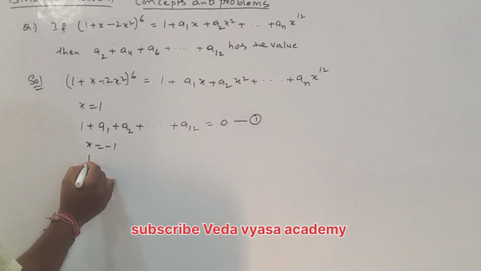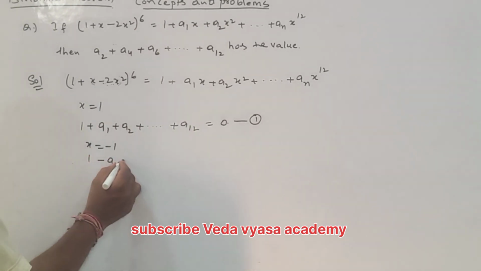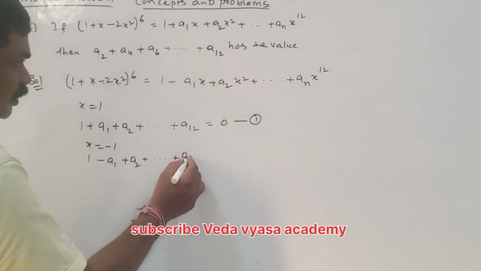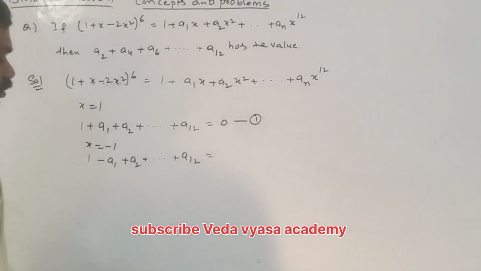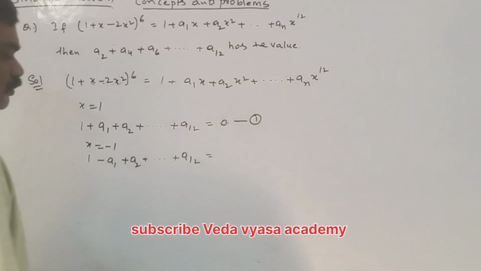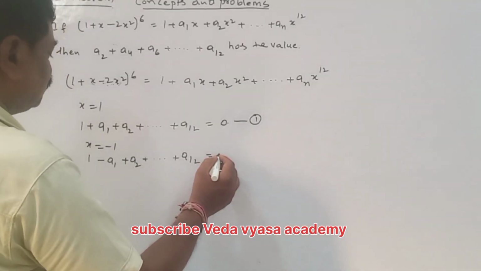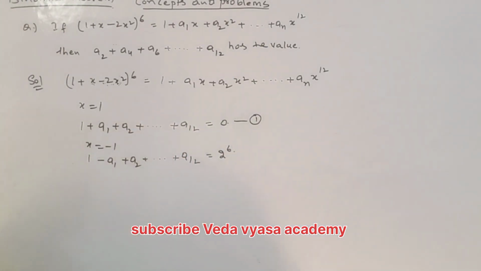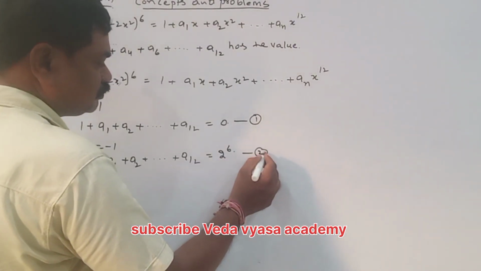So 1 - a1 + a2 - and so on + a12 is equal to 2 power 6. This is equation 2.